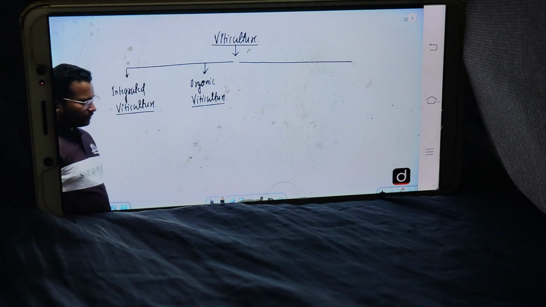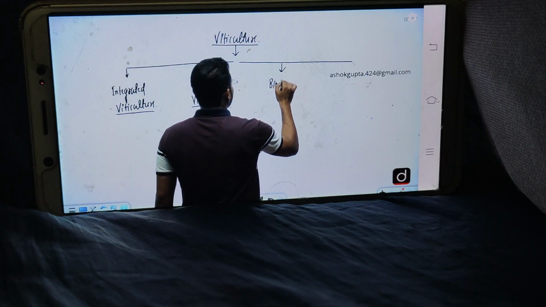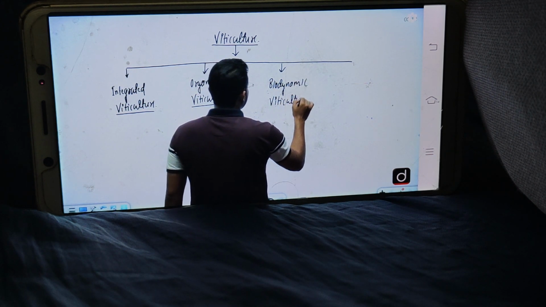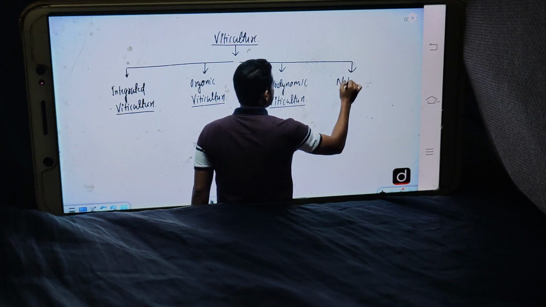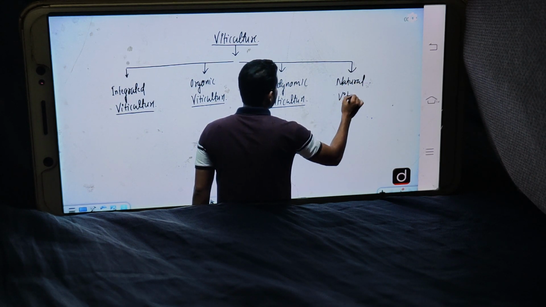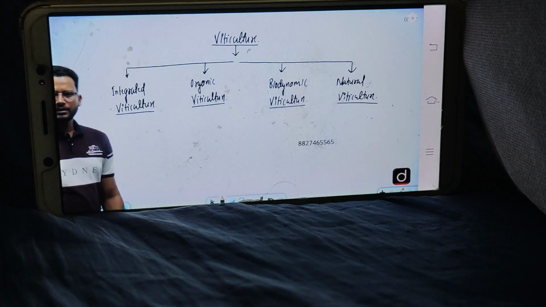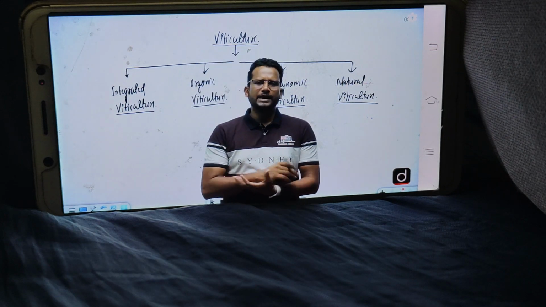The third one is known as biodynamic viticulture. And the fourth one is natural viticulture. These are various types of viticulture. So one by one, if we talk about them, like if we are talking about integrated viticulture.